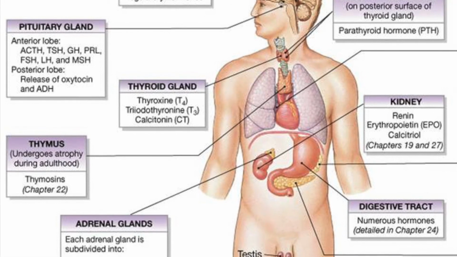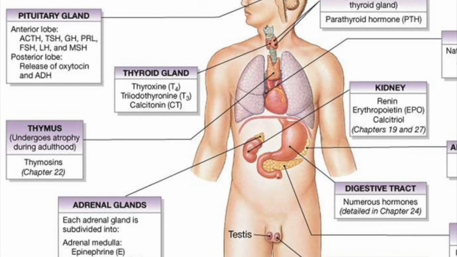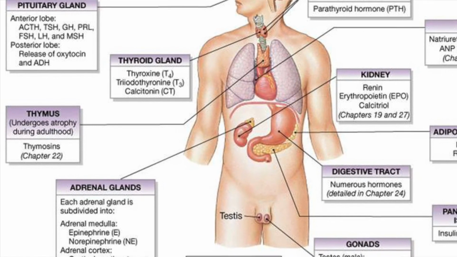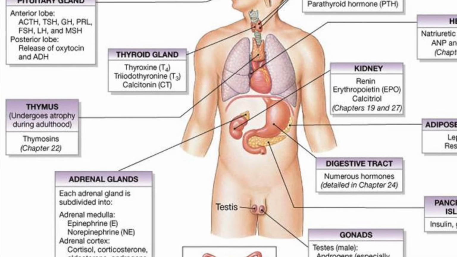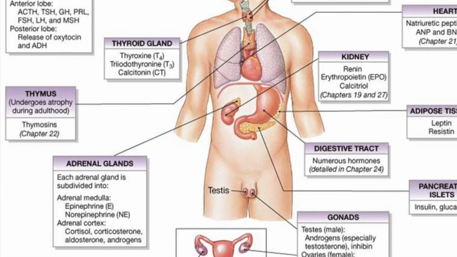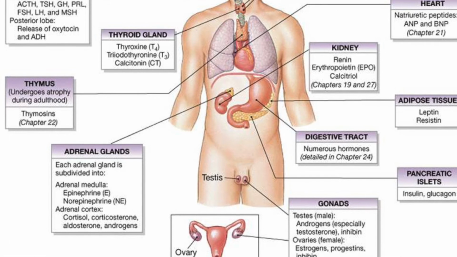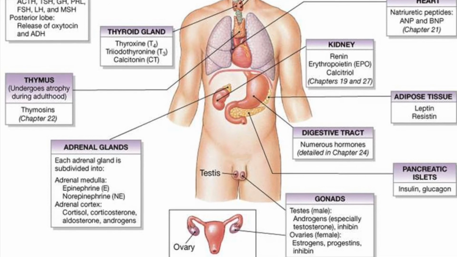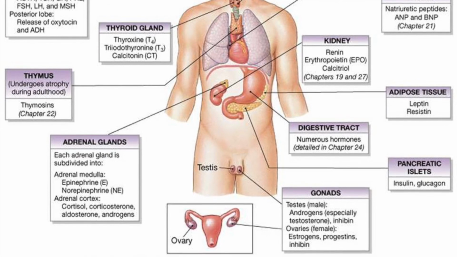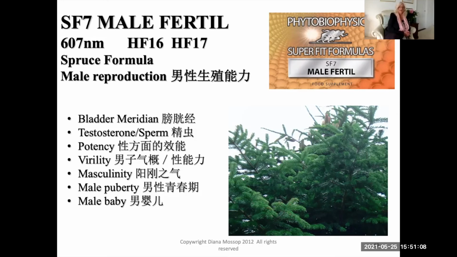Then we look down towards the adrenal glands and we look at adrenal testosterone, adrenal androsterone and aldosterone in the adrenal glands, the kidney hormone. And then we go to the reproductive organs, and for the male it is testosterone, but for the female it is progesterone.